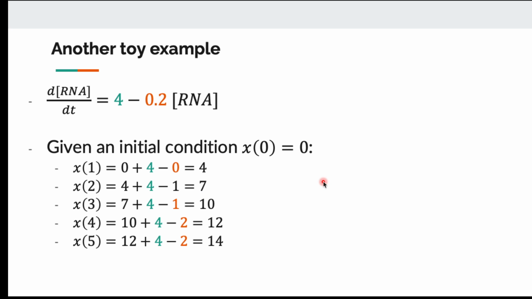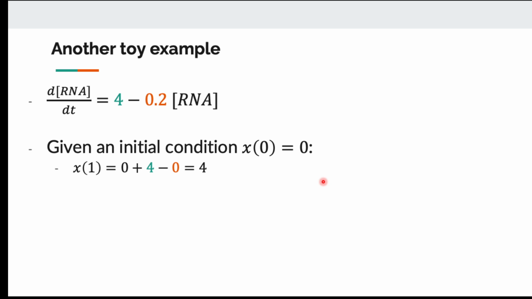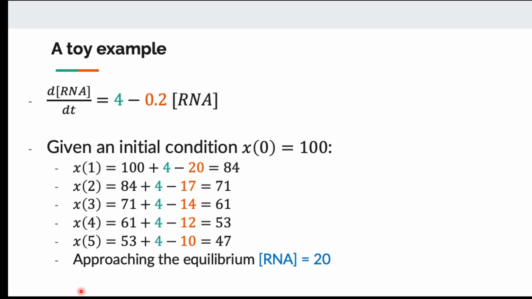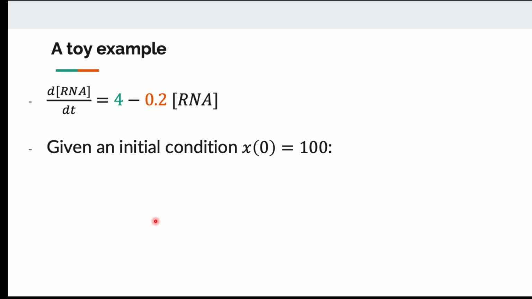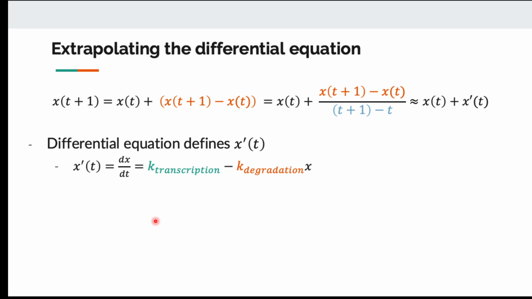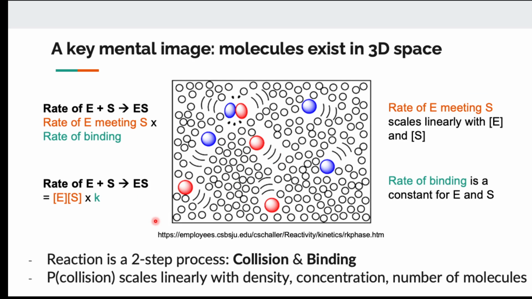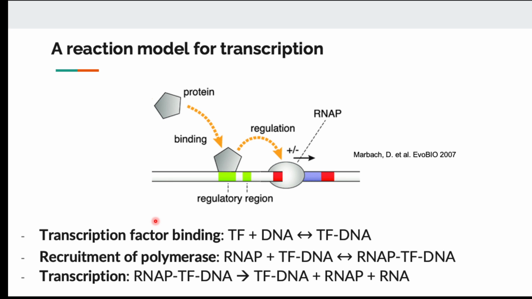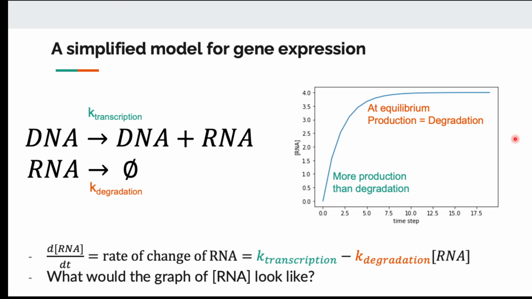If we compare the graph that we saw earlier, it's a smooth increase and then reaching equilibrium.